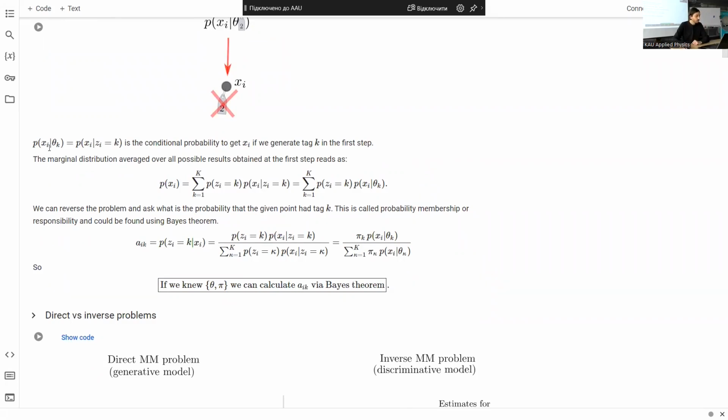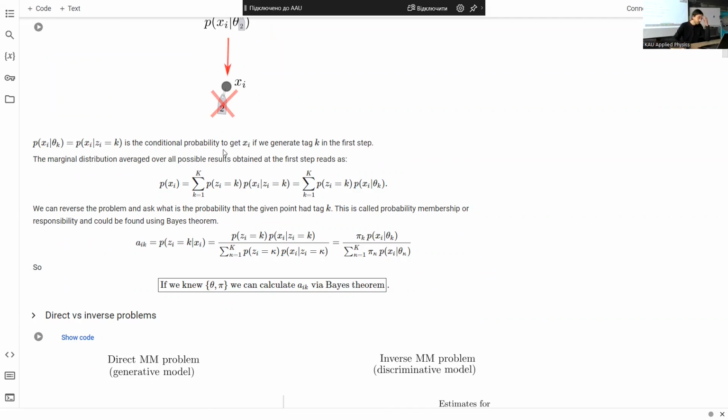This p(x_i | theta_k) is the same as x_i, under the condition z_i equals k. It's the conditional probability to get x_i if we generate a tag k in the first step.